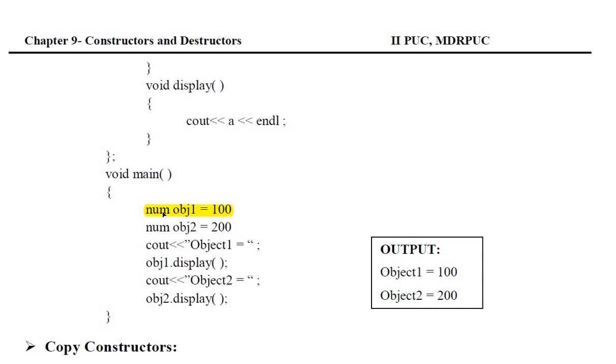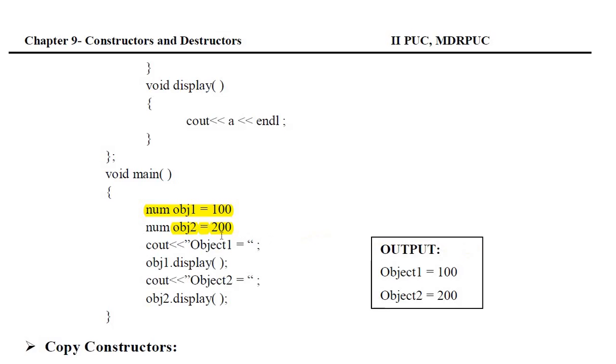Here we are creating an object from the num class using the equal to operator. We are not using the constructor name, just the equal to operator and a value. So this value at the right side will be assigned to the object at the left side. On the left side, this is the name of the object, and on the right side, this is the value. So this value is assigned to the object using this equal to operator.